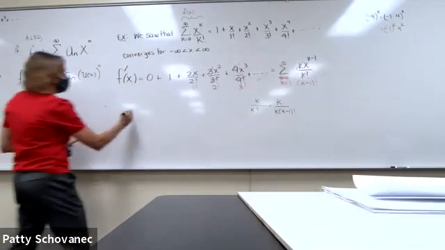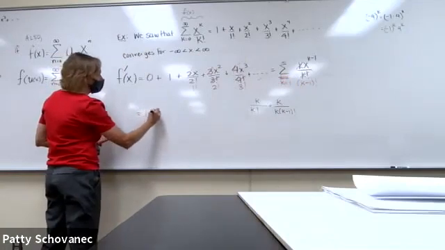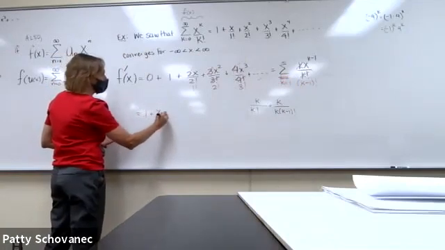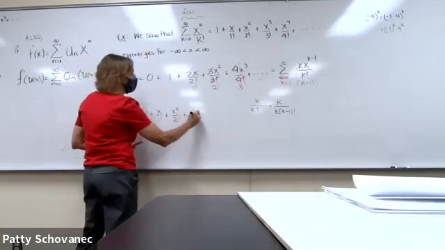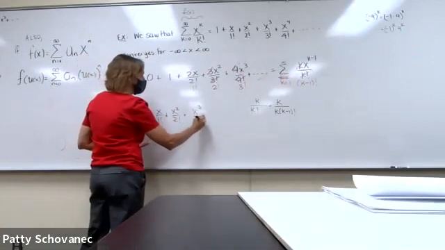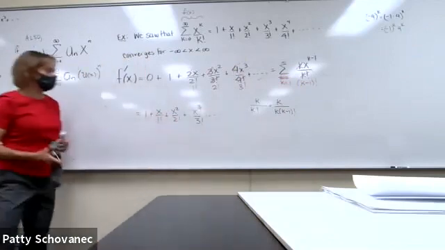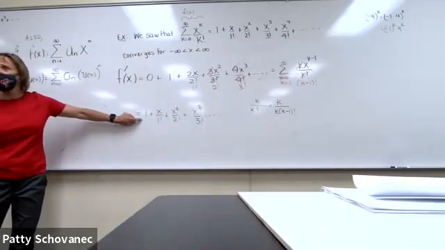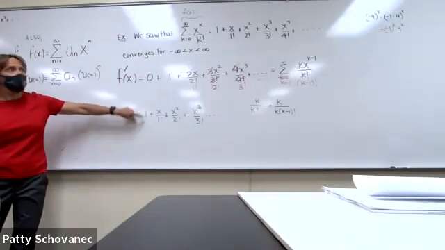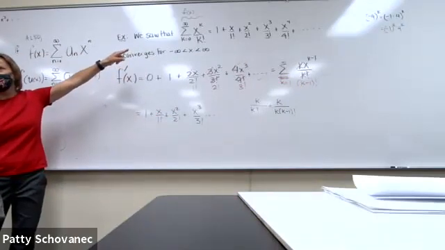So it looks like 1 plus x over 1 factorial plus x squared over 2 factorial plus x cubed over 3 factorial. Where have I seen that before? Let me give you a big hint.